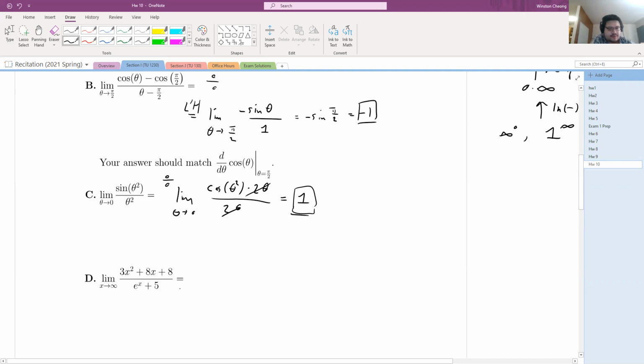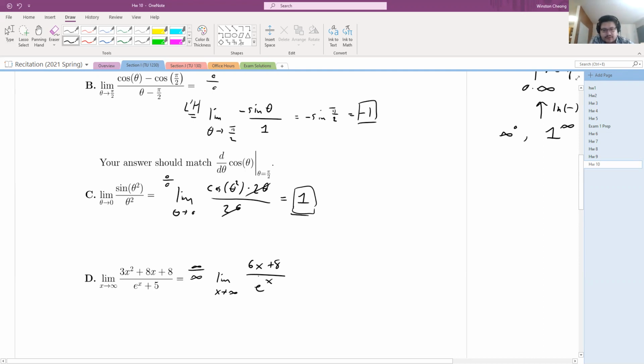D looks like it might use more than one derivative. For this one, we try plugging in. We'll get infinity on top and infinity on the bottom, which is also an indeterminate form, so we can still use L'Hopital's. Limit as x goes to infinity, derivative of the top is 6x plus 8, derivative of the bottom is e to the x.